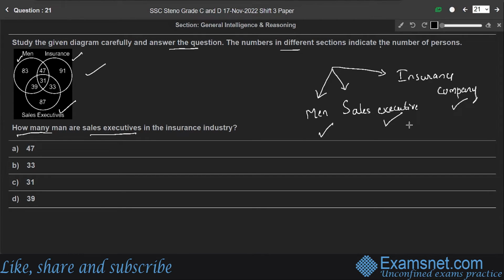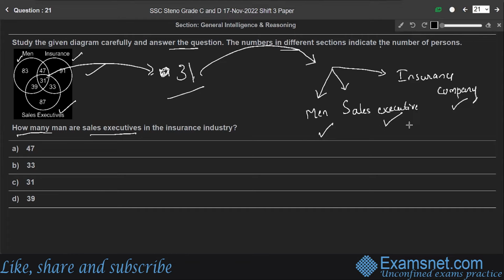Which is that number? Number 31. Intersection of all the given three sets, so set of men, set of insurance, and set of sales executive. So which is 31.